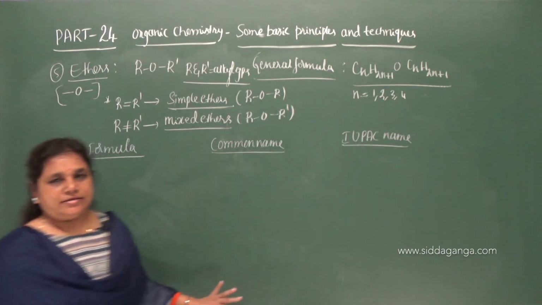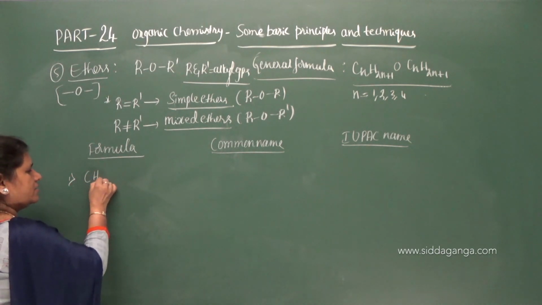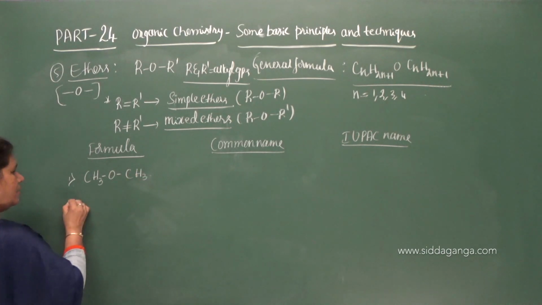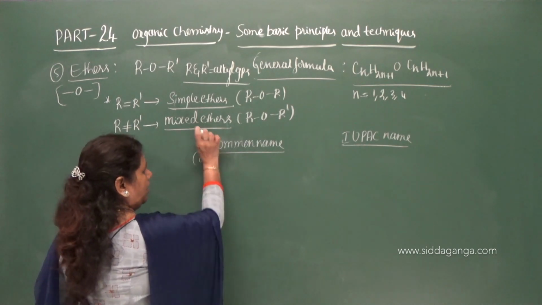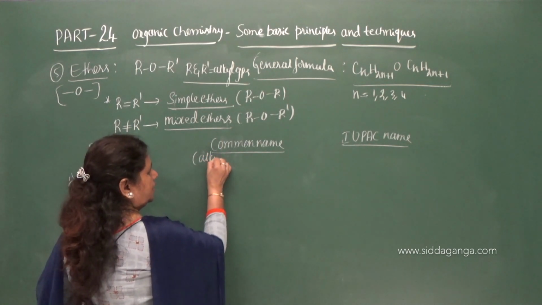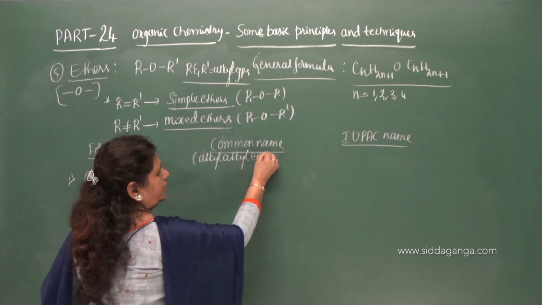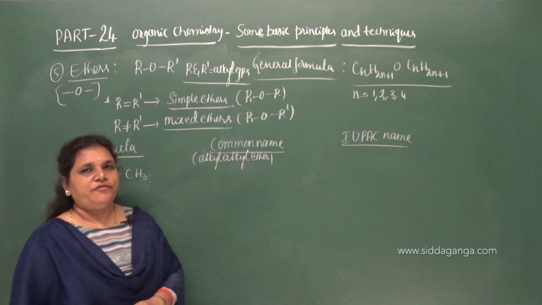So let me give the examples here. First one, CH3OCH3, and what is the common name I have to write here? Alkyl ether. Name of the 2 alkyl groups followed by the word ether.